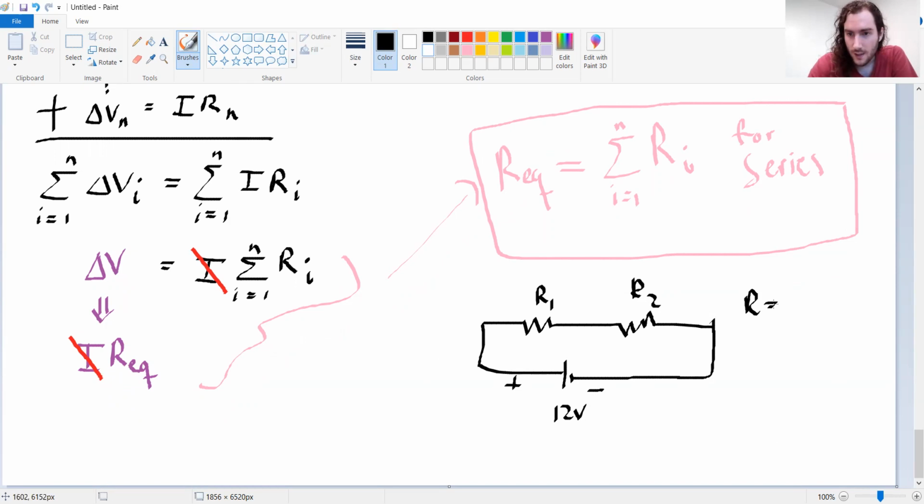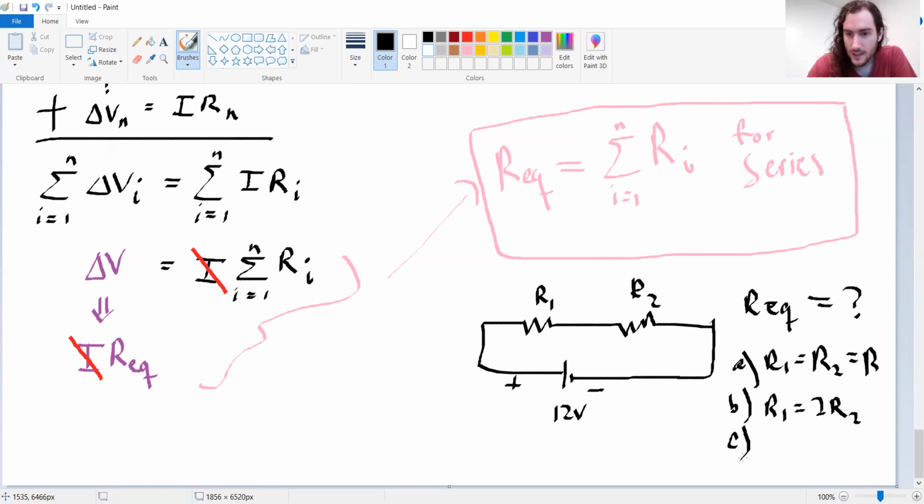What is Req here for the following cases? Part A, R1 equals R2 equals R. Part B, R1 equals 2 times R2. And part C, R1 equals 3 times R2. So go ahead and work those out.